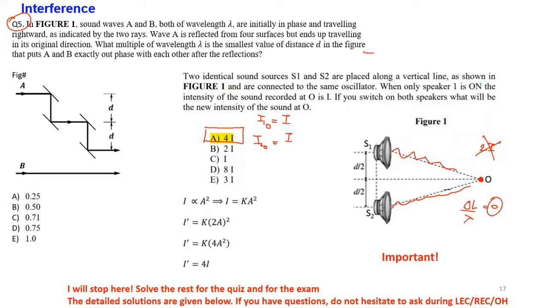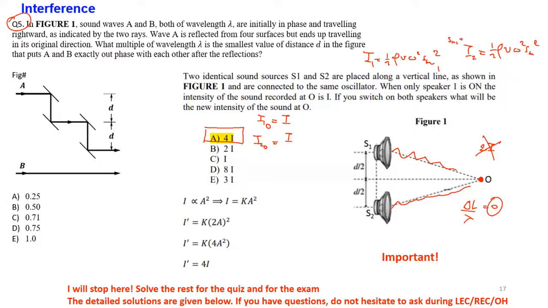Well, you know that, of course, intensity is half rho v omega square Sm square. So here I1 will be half rho v omega square Sm1 square, and I2 also will be half rho v omega square Sm2 square.